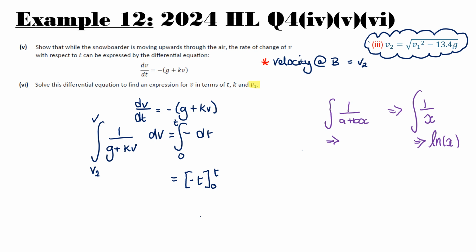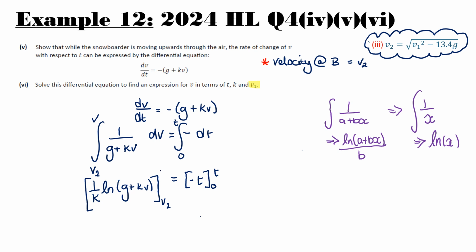In this case, it'll be a v to the power of 1, which is what we have. This is ln of a plus bx, but because it is a version of the chain rule going backwards, we have to divide by the derivative of the inner function. So we're going to divide that by k, which means this left-hand side becomes 1 over k ln of g plus kv. You can write that as a full fraction, or you can pull that out in front like we have, whichever way works.